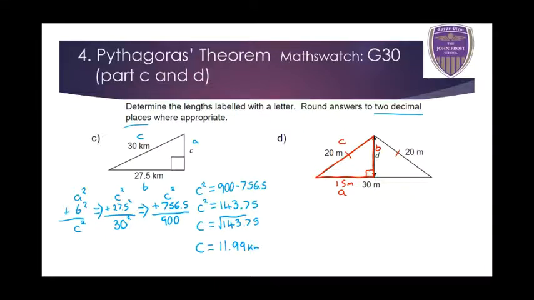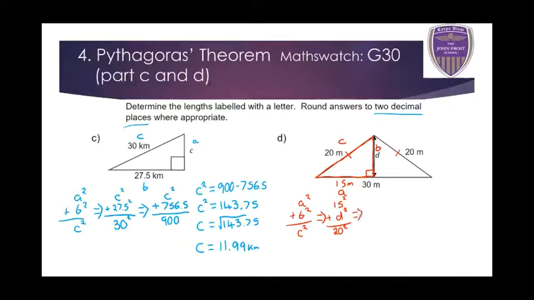So, as always, A squared plus B squared equals C squared. A squared is 15 squared. We don't know what B is, but we're told it's D, so let's write down D squared. So 15 squared plus D squared equals 20 squared.